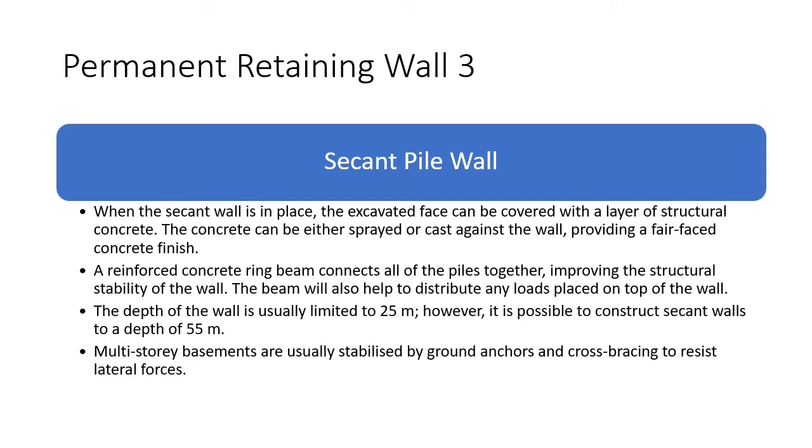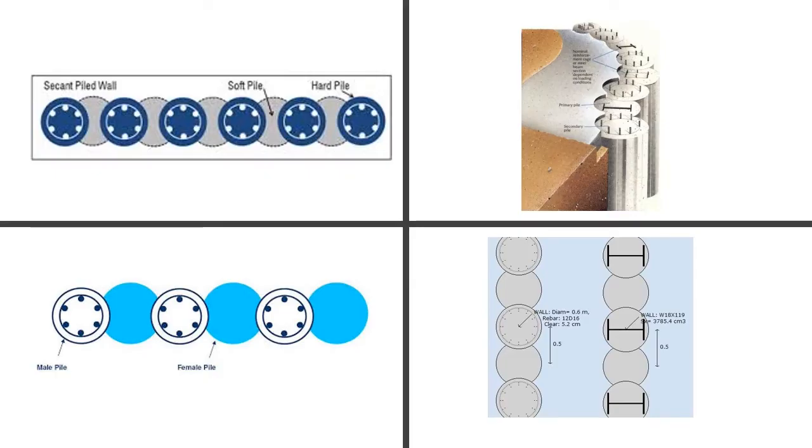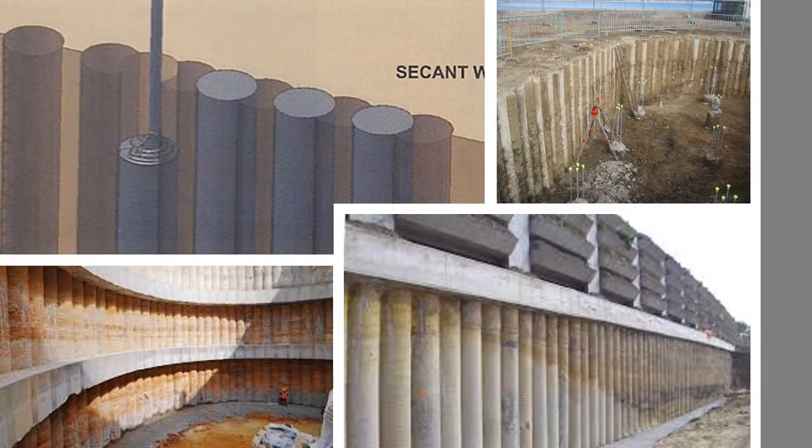Maksudnya cross bracing tu memang dekat dalam basement tu ada cross bracing tapi kita tak nampak lah, it is hidden mungkin dekat bahagian atas, there is a bracing. So ini illustration of the second wall pile, similar like the previous second wall piles again with the ring beam.